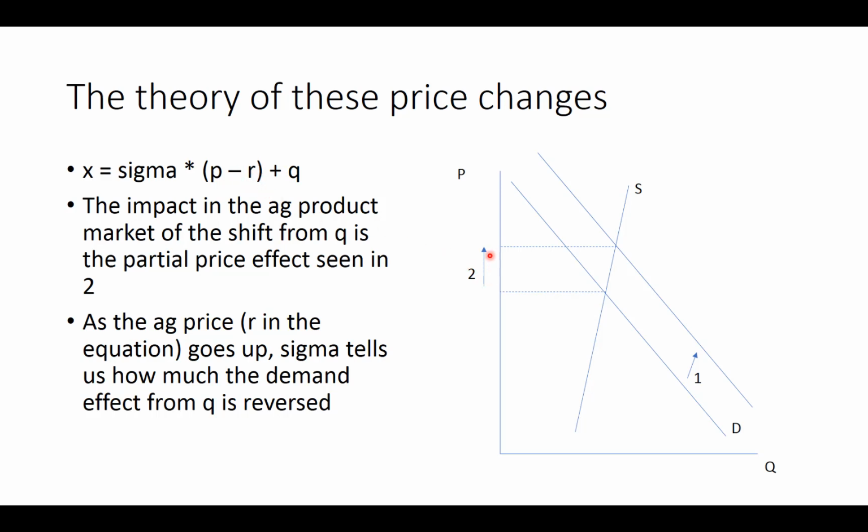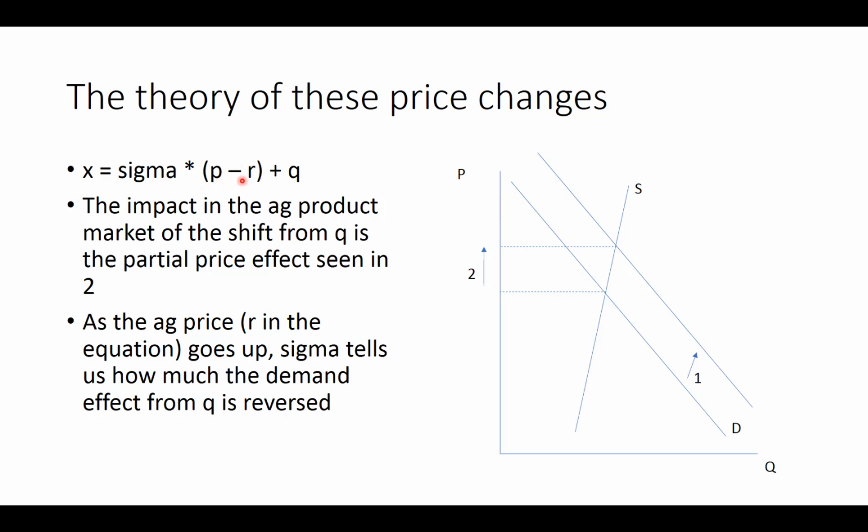So when the price increases for the ag input, this R is the price of the ag input, right? So this piece right here is the thing that's going up. So whatever the substitution elasticity is, multiplied by this negative R term, right?